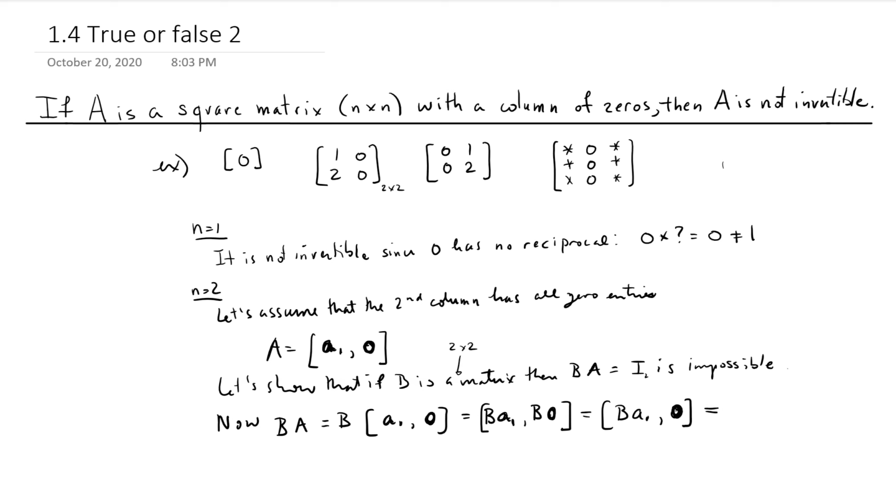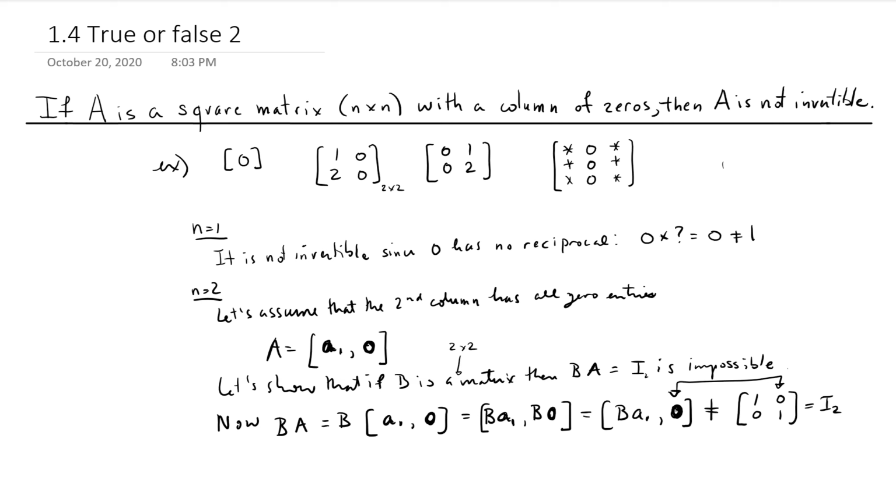And could this be equal to I? Well, no, because look at this column and that column. This is the column of all zeros, and the second column of I2, right? This is I2. It's not a column of all zeros, right?